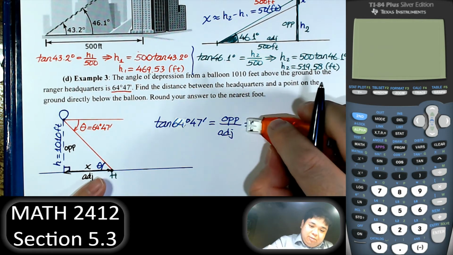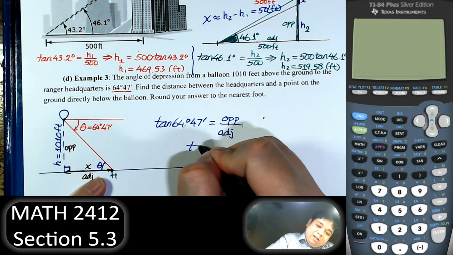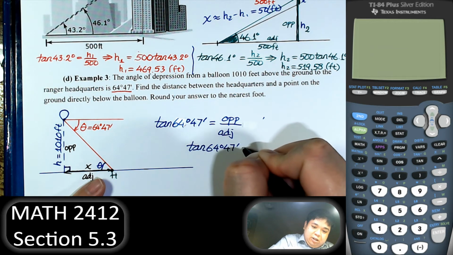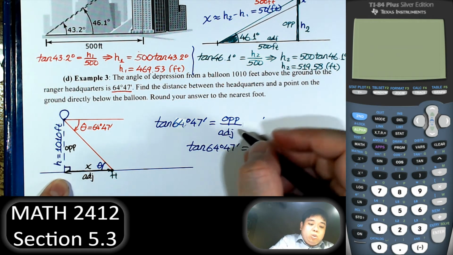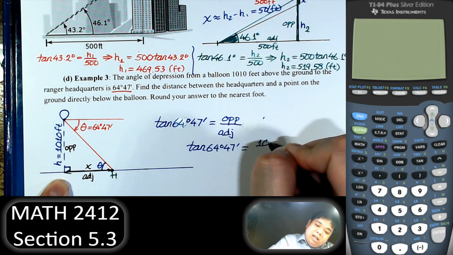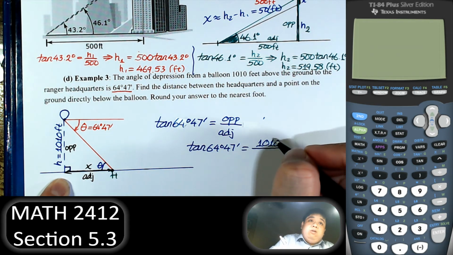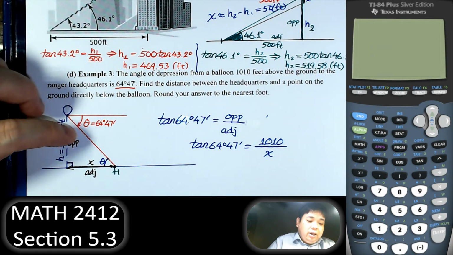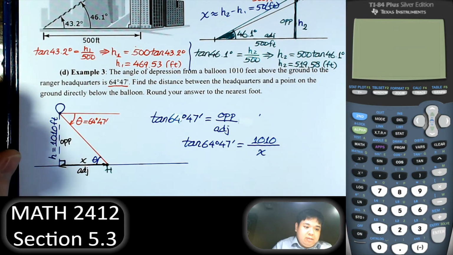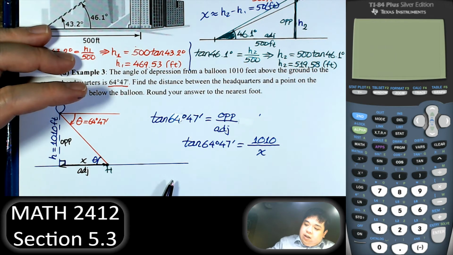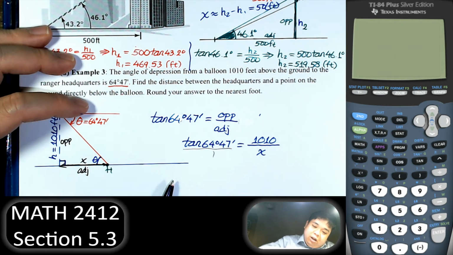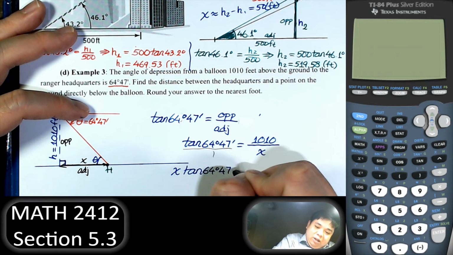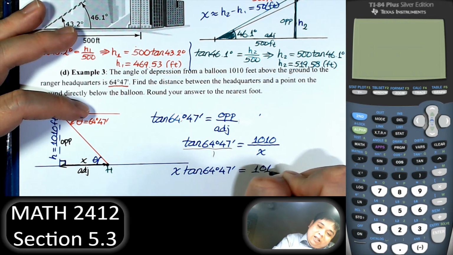So let's do that again actually. Tangent of 64 degrees 47 minutes equal to opposite, which is the height of the balloon, 1,010, over the adjacent, which we don't know, but we're trying to find it. Yeah, those two angles will be the same. So once again, cross multiply. So x tangent of 64 degrees 47 minutes equal to 1,010.